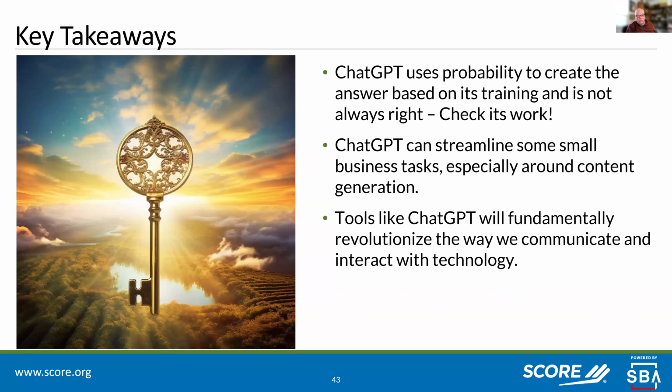And SCORE mentors can help. We have an AI community of practice within SCORE, and we have a couple hundred mentors who collaborate on how to use AI. So if you're wondering how to get started with AI, SCORE can help.